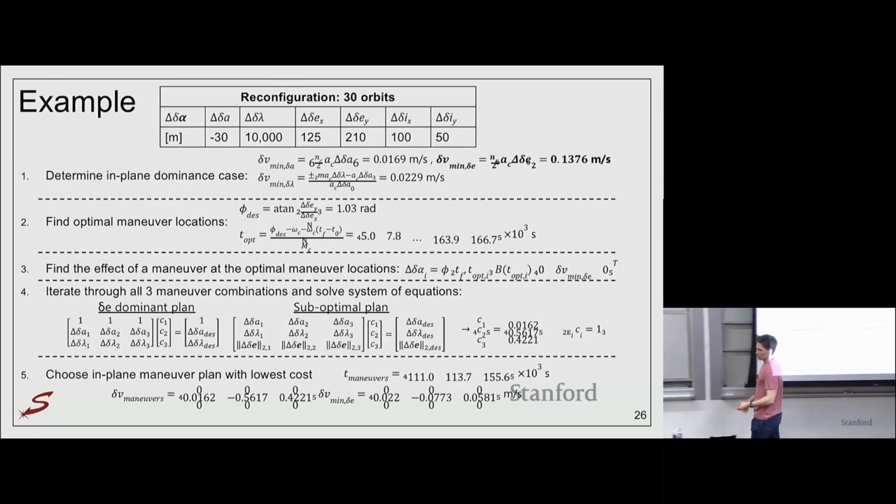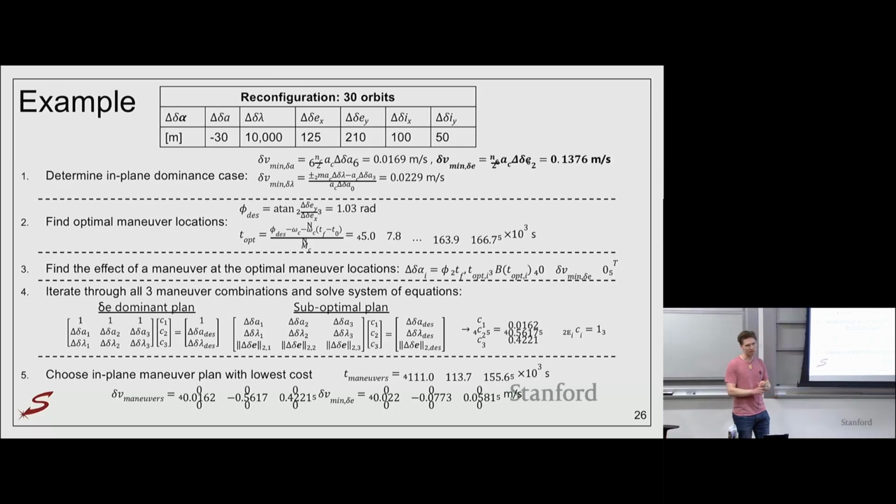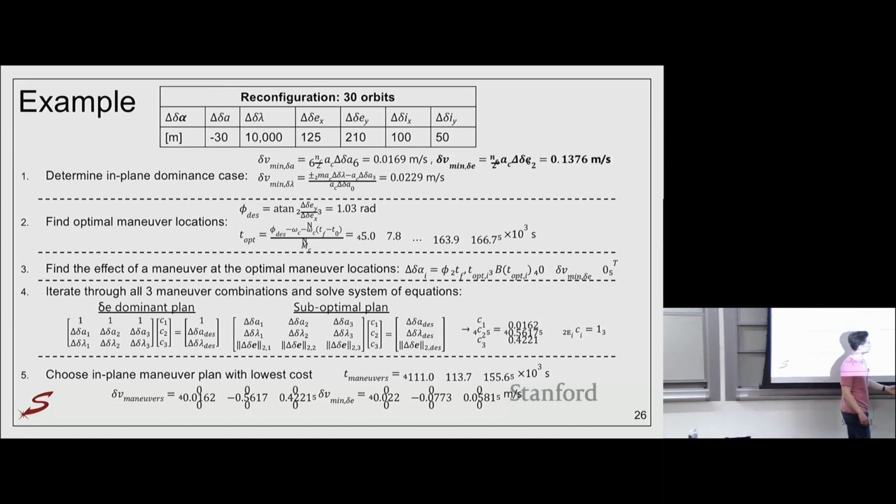And then we're going to iterate through every single 3 maneuver combination that comes with these series of maneuver times, and check to see if they can form an optimal system. If they can't, we're going to solve them suboptimally and find the plan of lowest cost, which you can see here.